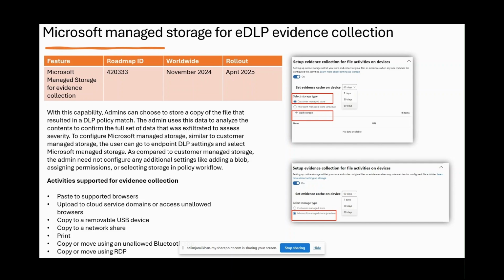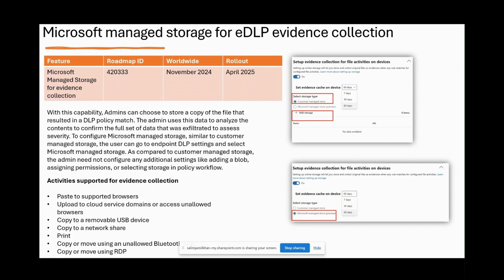So the next thing is the activities supported for evidence collection. These are the activities that are supported as of today for collecting the evidence for policy violations: paste to supported browser, upload to cloud service domains or access unallowed browsers, copy to a removable USB device, copy to a network share, print, copy or move using an unallowed Bluetooth app, and copy or move using RDP.